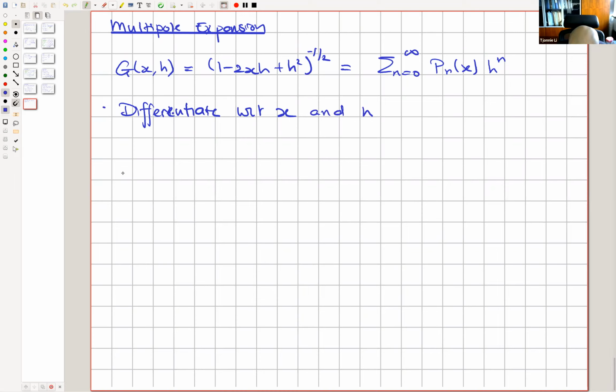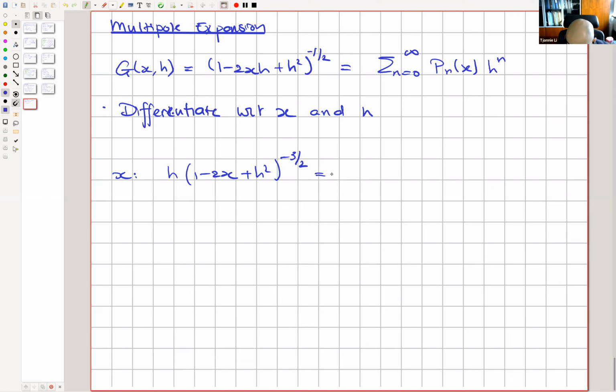So first, with respect to x, what do I get? On the left-hand side, I simply get h times 1 minus 2xh plus h squared to the power minus 3 over 2.